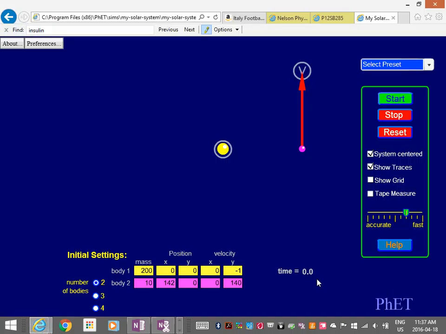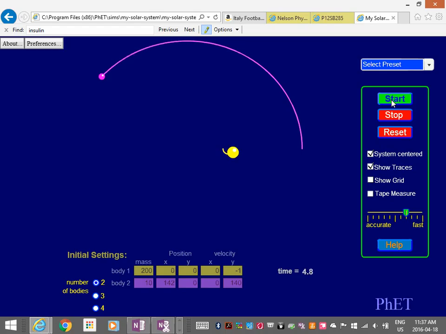Yeah, so for example, in this case, you can see that it's not really a perfect circle. Probably pretty close to a perfect circle. It looks like it's almost a perfect circle. But it's most likely going to be an ellipse.